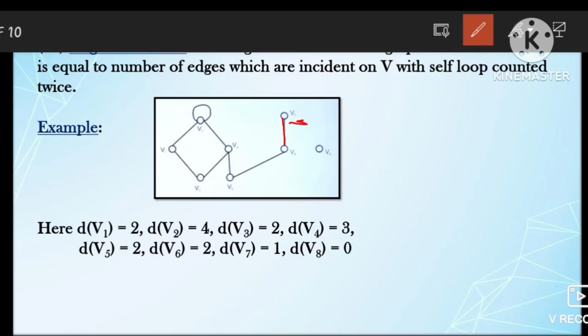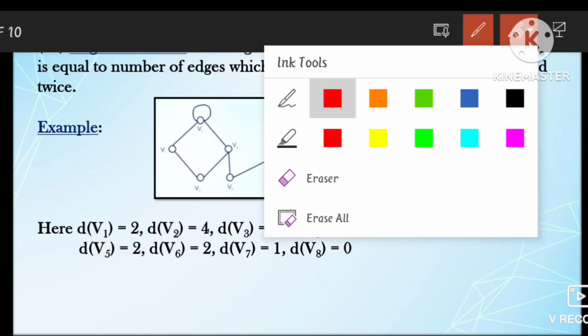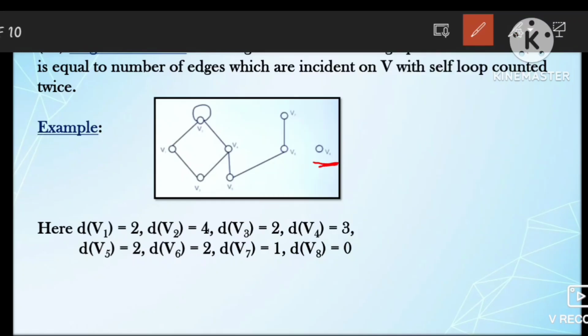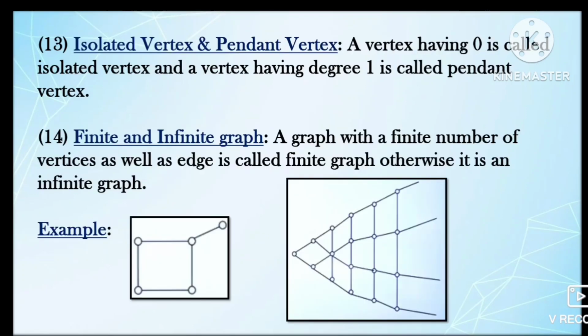So it is called a pendant vertex, and this vertex V8 is not joined by any edge, so it is called the null vertex or the isolated vertex.